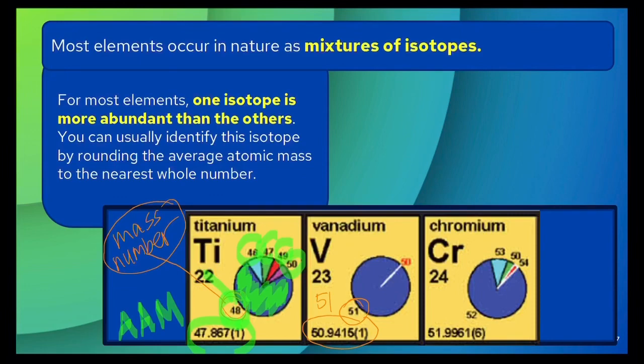So the majority of vanadium present in nature is vanadium-51, and you can see vanadium-50 has a very small presence in nature. We're going to look at chromium in a little more depth, but hopefully you can see that if you round 51.9961 to a whole number, you get 52, and 52 is the most abundant isotope, chromium-52, available in nature.